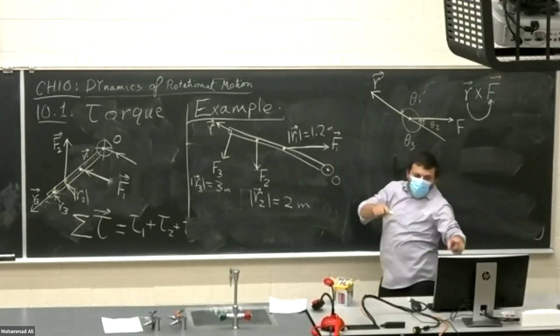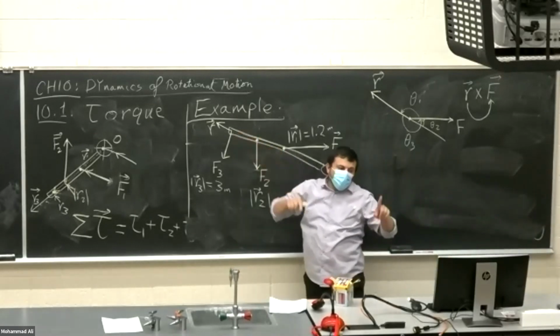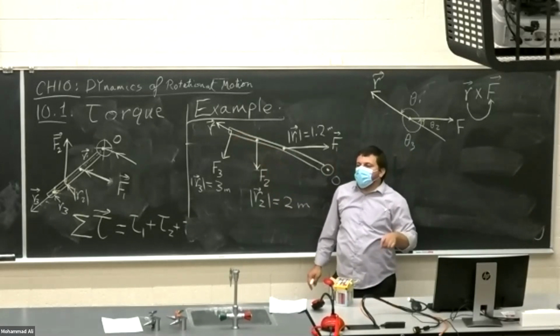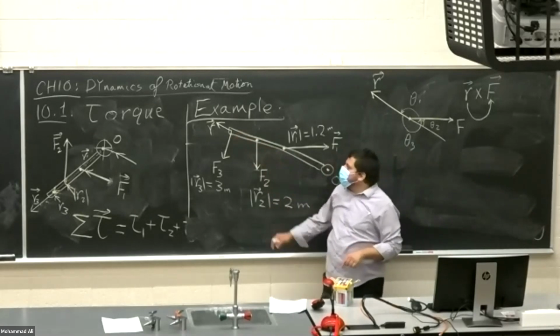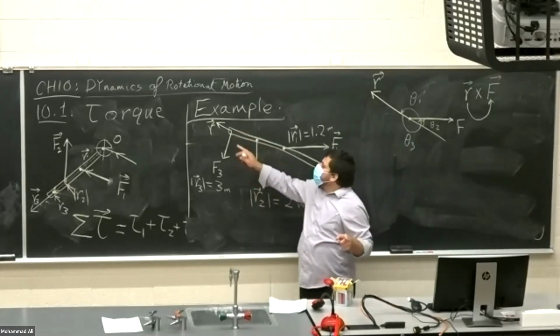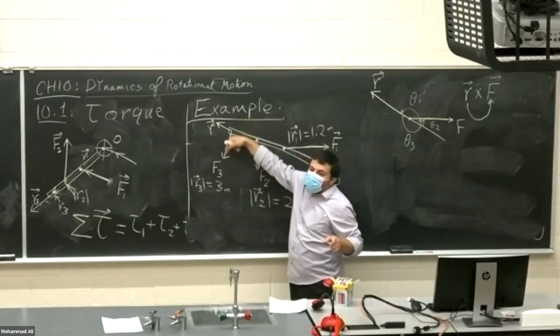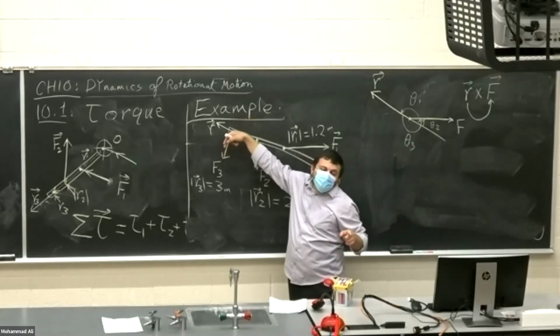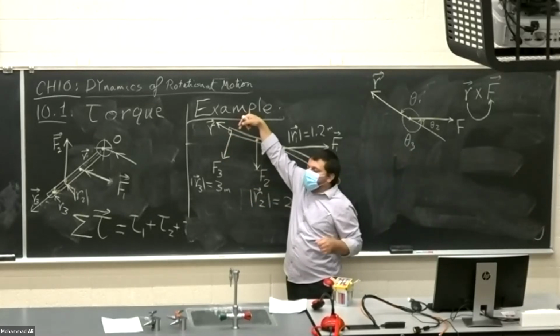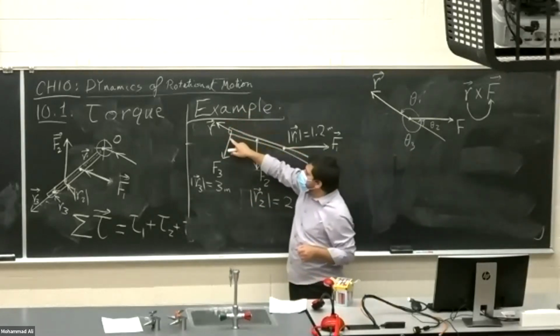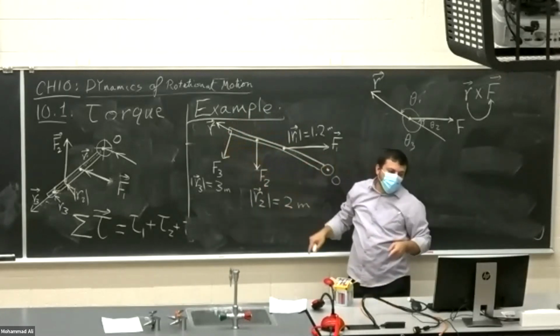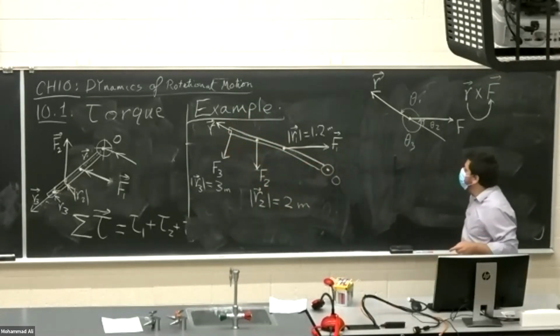A student here asked about the moment. The moment means the force multiplied by the perpendicular distance. If the force acts perpendicular to the distance, this angle will be 90 and it will be your moment. Now you will see that.